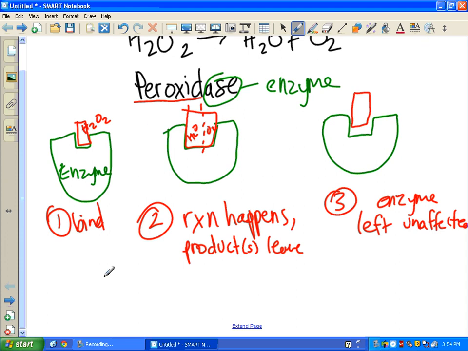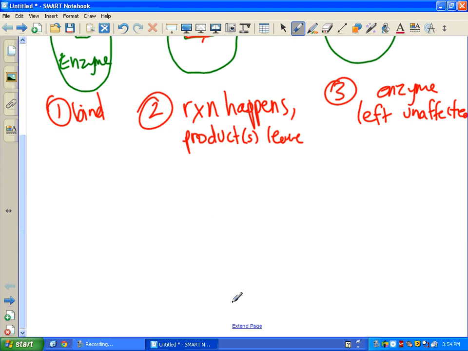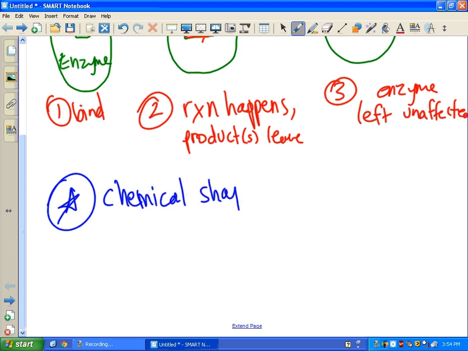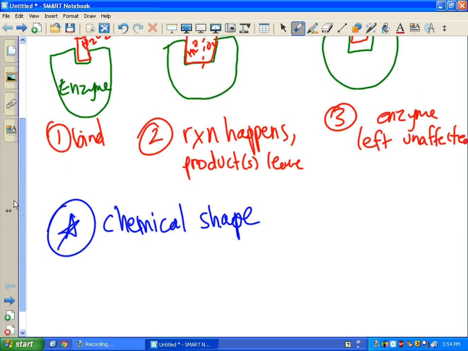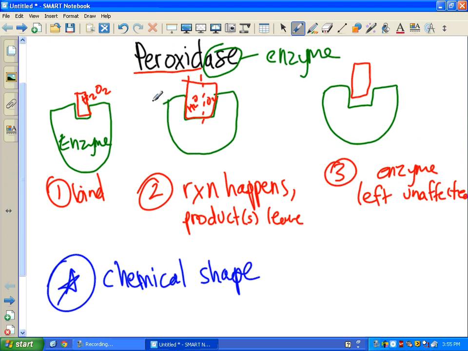The reason why this all happens is because of a very important theme in biology, which is the fact that chemical shape makes things happen. The shapes fit together, so they work together.